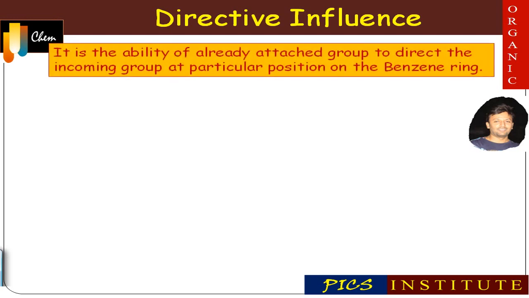Directive influence is the ability of an already attached group to direct the incoming group to a particular position on the benzene ring.